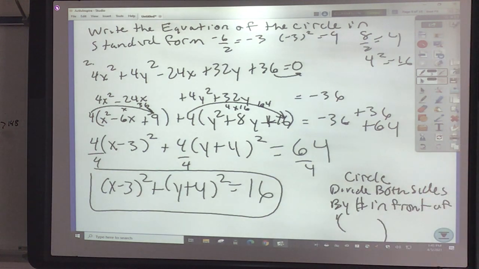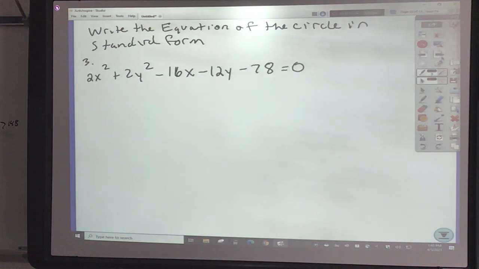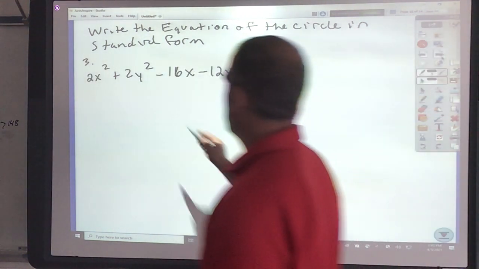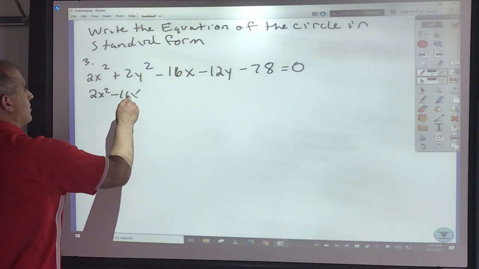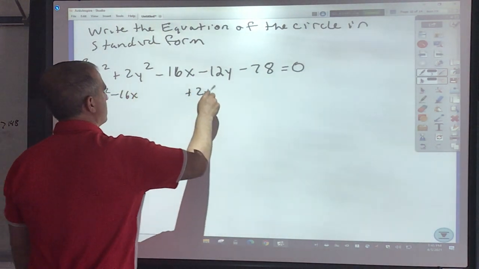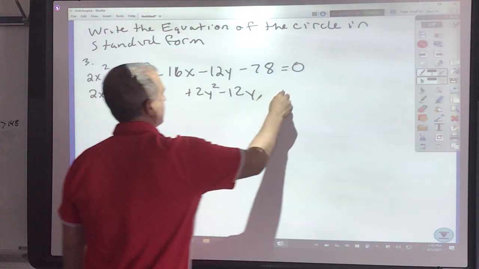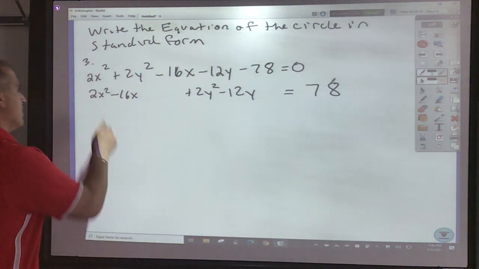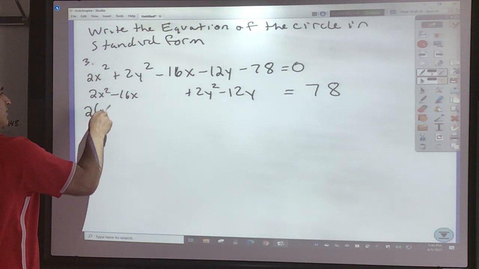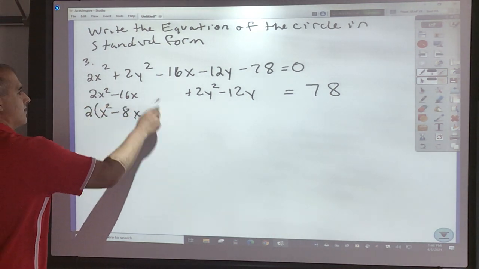Let's do one more together. So what I want to do is group the x's and group the y's, and I want to move this number to the other side, which will become positive 78. I'm going to take this 2 out, so this would be x squared minus 8x.